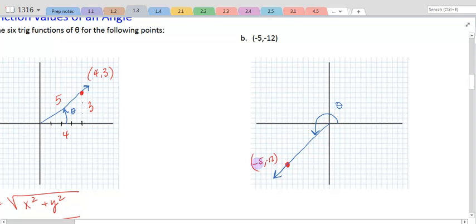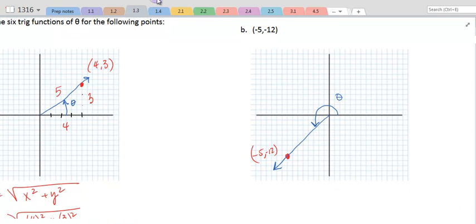Now even though my x and my y values are both negative, again my r value, which I need to find first, will be positive because it's the distance. How far is it from the origin to this point? That's always going to be positive. So let's calculate what r is.